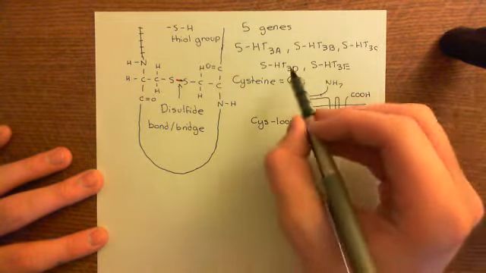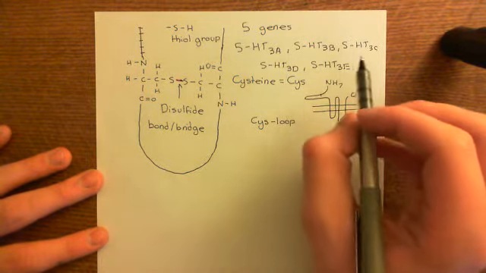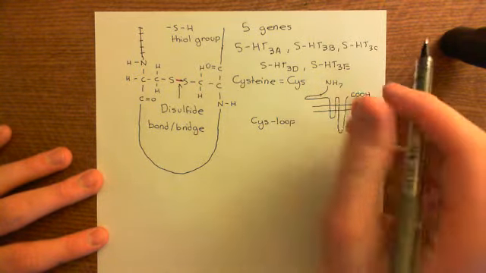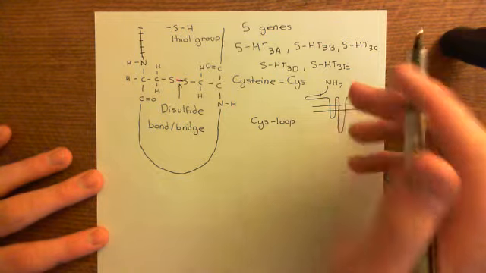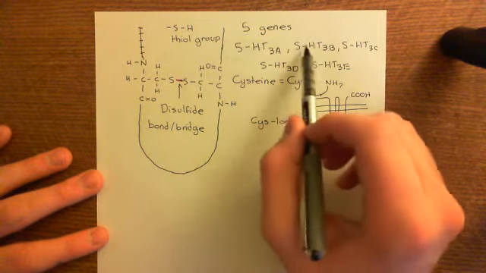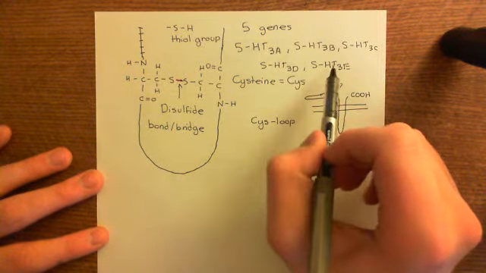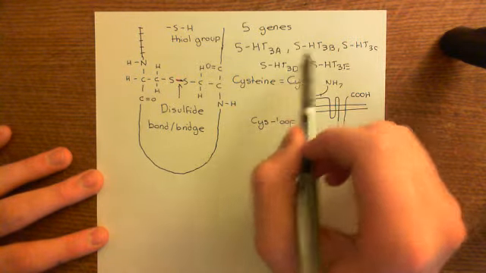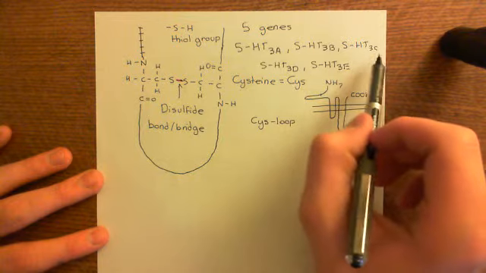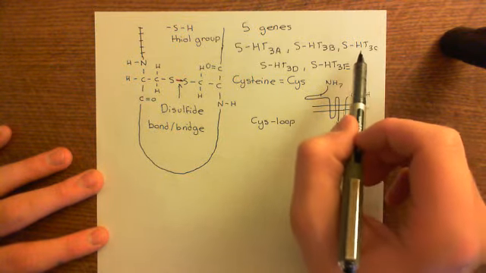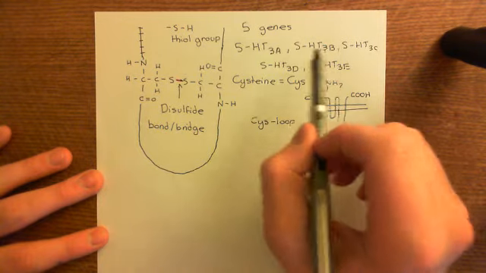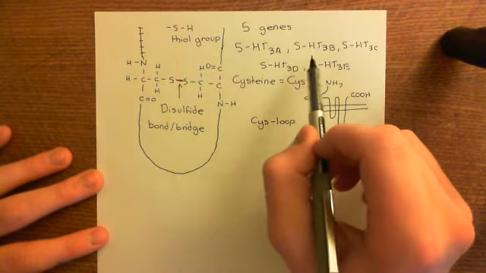However, they do all have slightly different primary amino acid structures, and they do therefore all have slightly different properties. So we have 5 subunits of the 5-HT3 receptor: the 5-HT3A receptor subunit, the 5-HT3B receptor subunit, and so on. So the question then becomes, how do we assemble these into pentamers, basically?